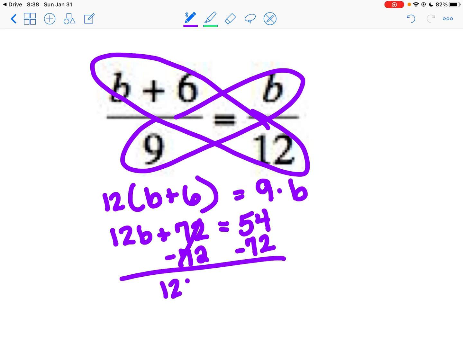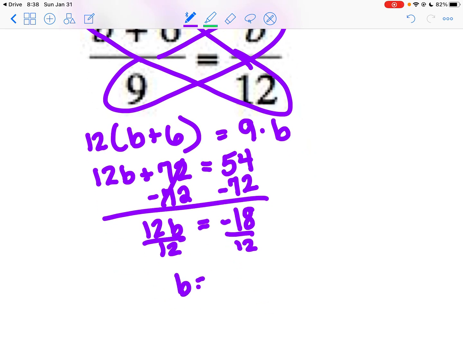All right, so 12b equals, let's see, that's going to be negative 18. Okay, so then I'll divide by 12, and b equals negative. Both of these are divisible by 2.